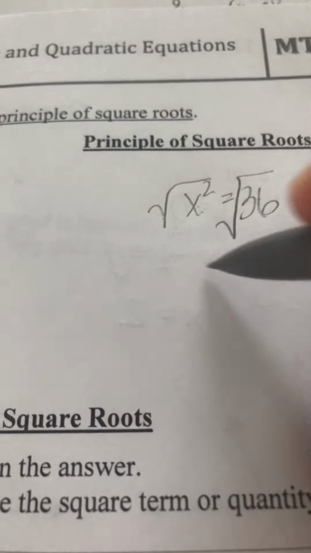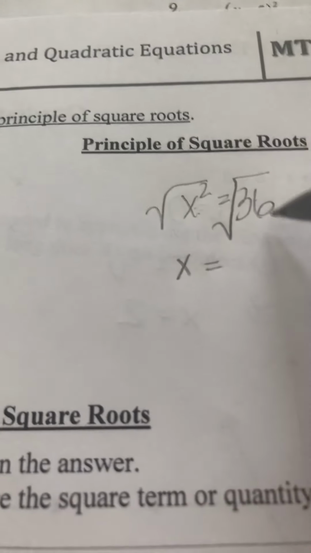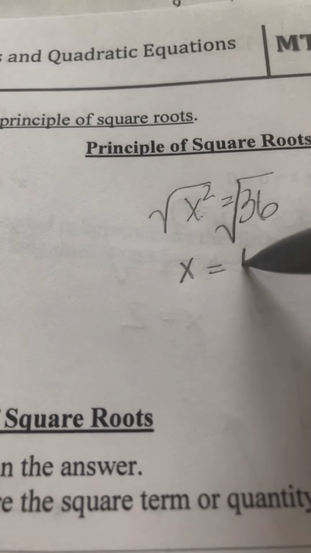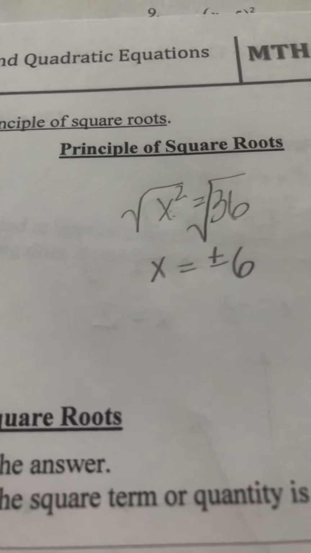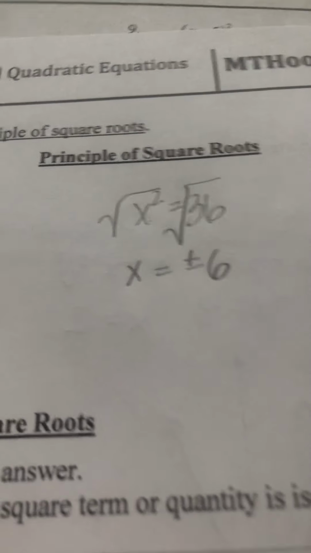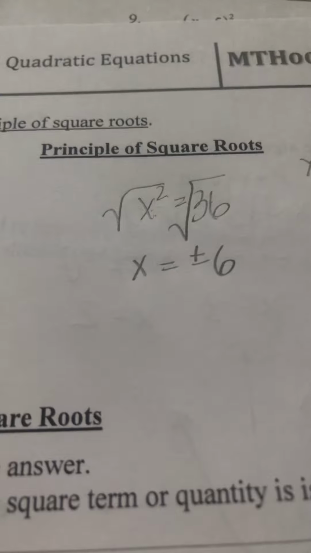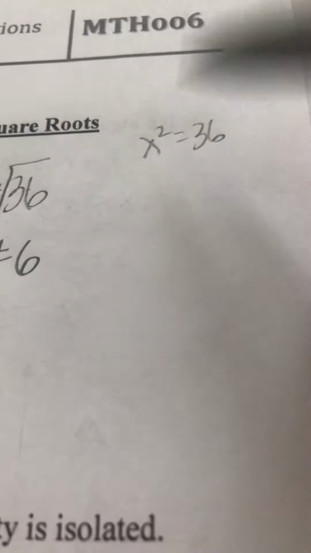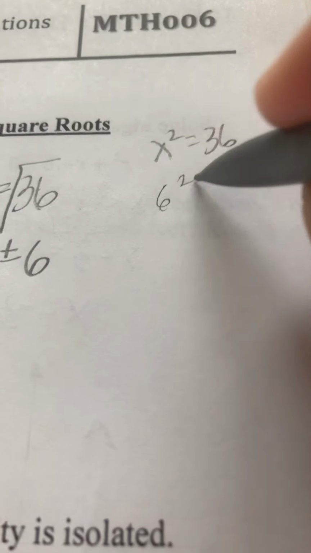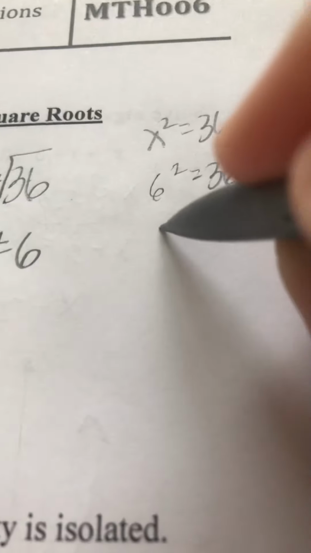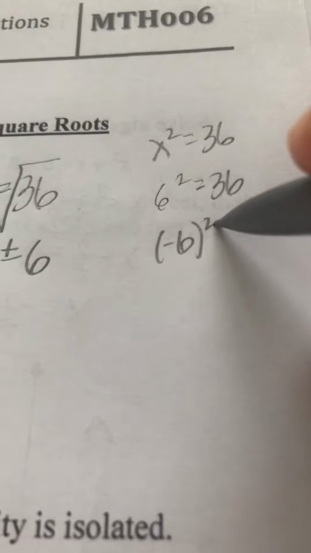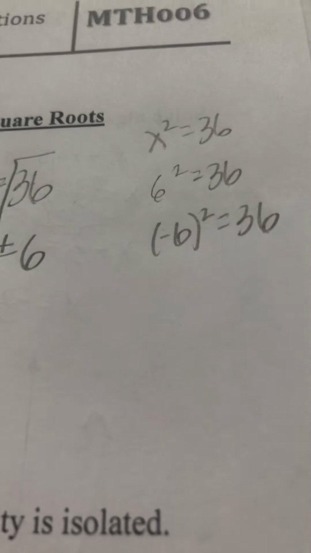So the square root of x squared is x, and this would be plus or minus 6. The reason why is because if you look at the original problem, there are two values that work in here for x. 6 squared is 36, and -6 squared is 36.